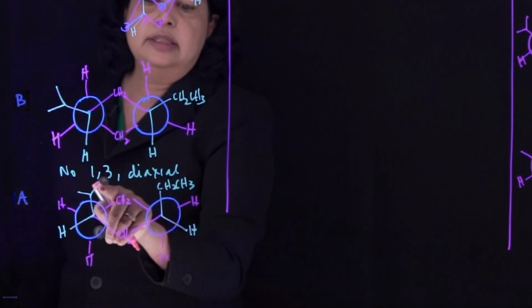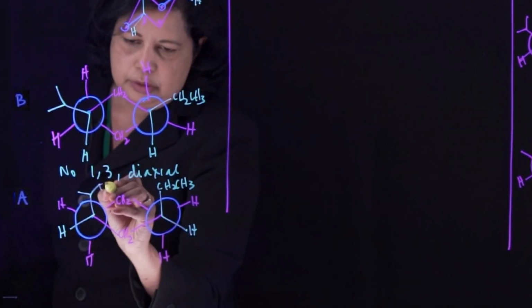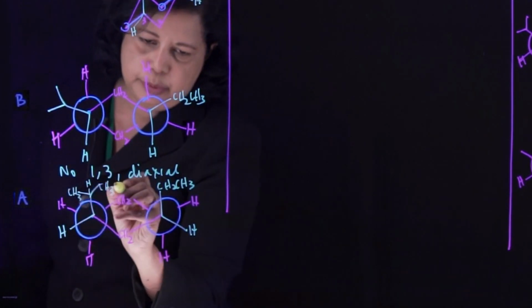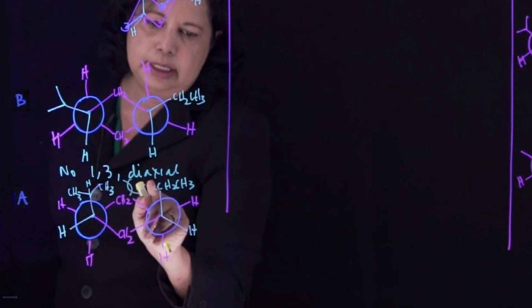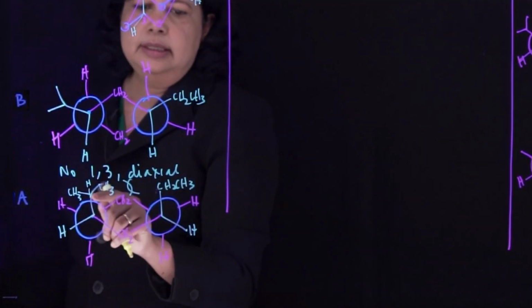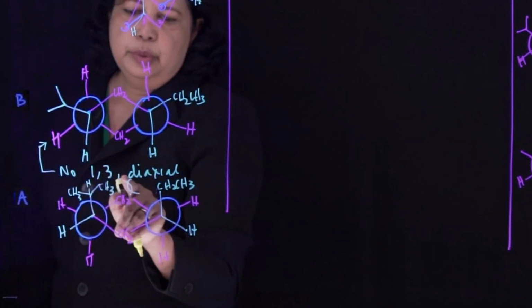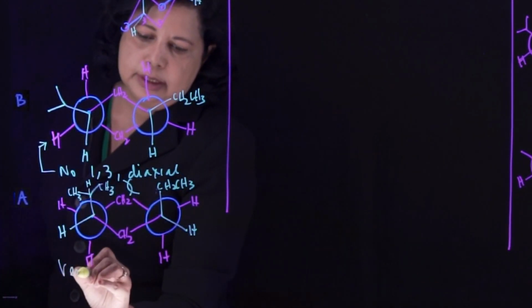Now you can see there's going to be a huge fight out here, battle, duel between these two. 1,3 diaxial. So this one has no 1,3 diaxial. This one has very high 1,3 diaxial.